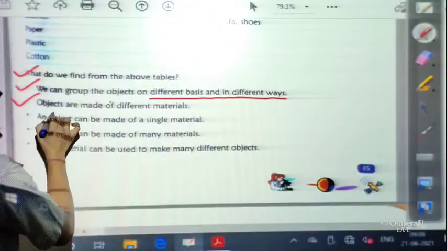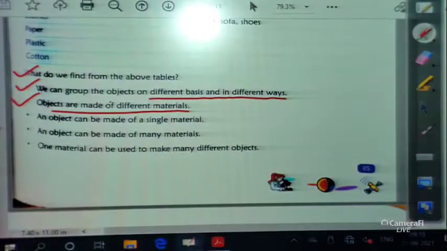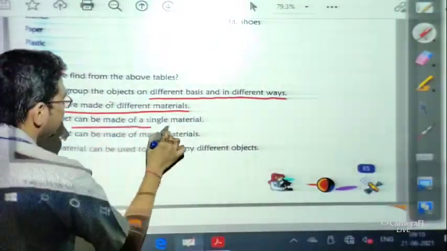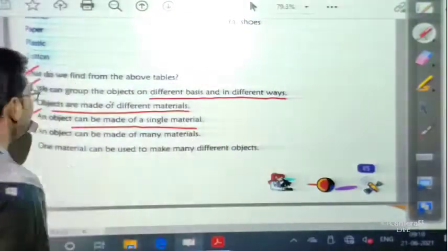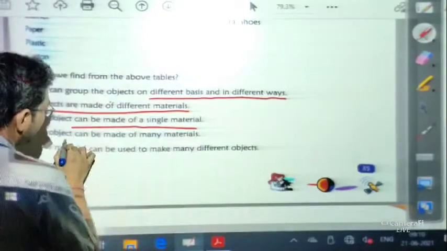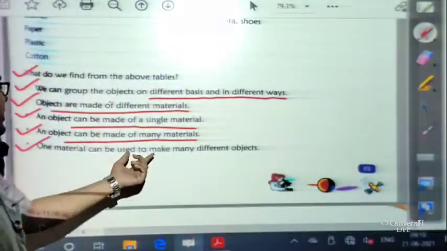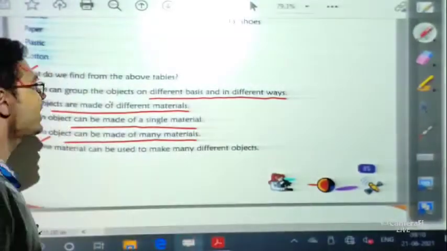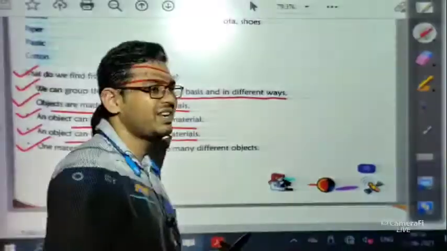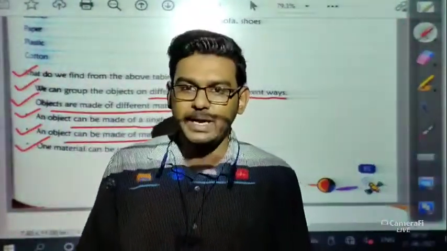Second one, objects are made of different materials. Yes, these things we found in table 8.2. An object can be made of a single material. These things we found in 8.3. An object can be made of many materials. These things also we have seen. And one material can be used to make many different objects. We have already seen that by using wood we can prepare many things, chair, table, bed.